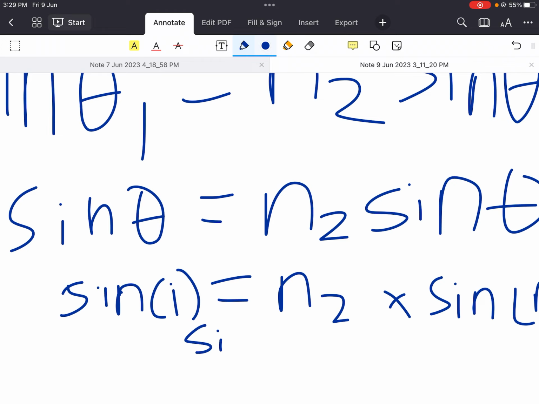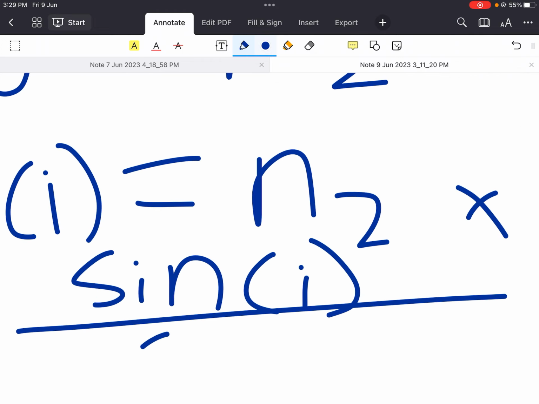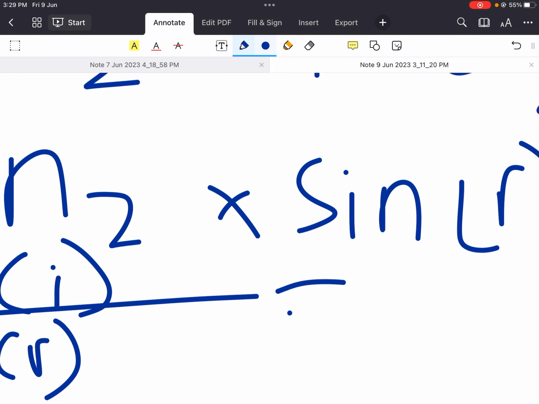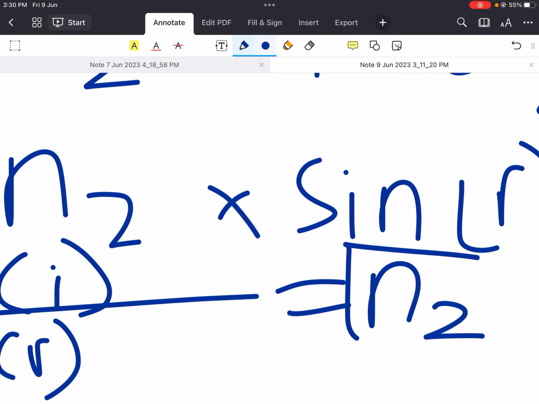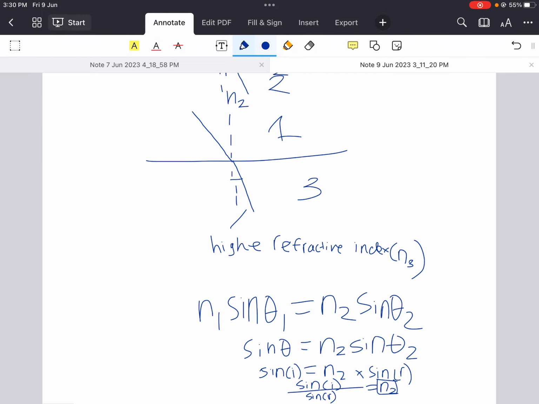And then you divide your sine of angle of incidence over sine of angle of refraction to get your value for the medium. And that's how you calculate refractive index.